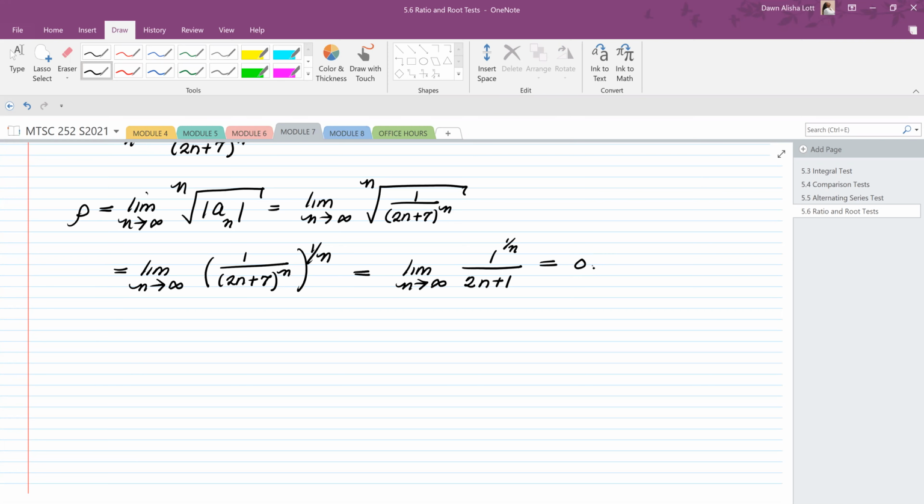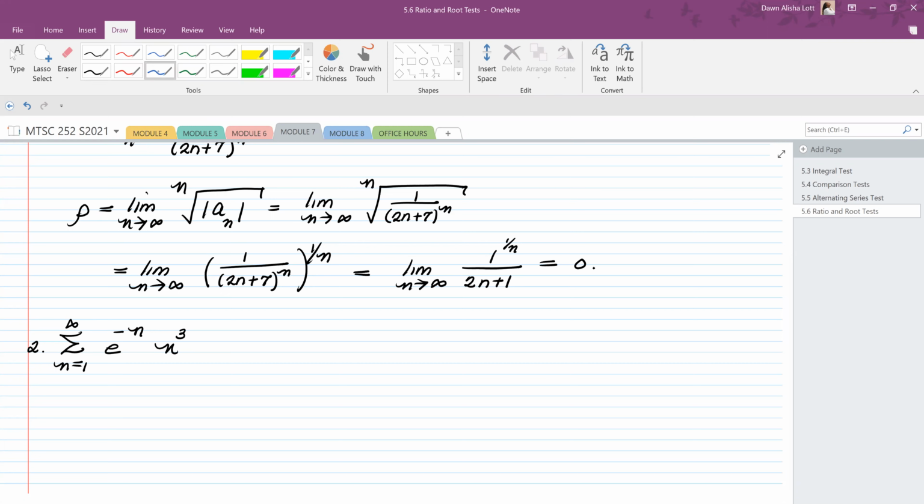Number 2, summation n equals 1 to infinity of e to the minus n times n cubed. Now, this one, I could use the integral test.